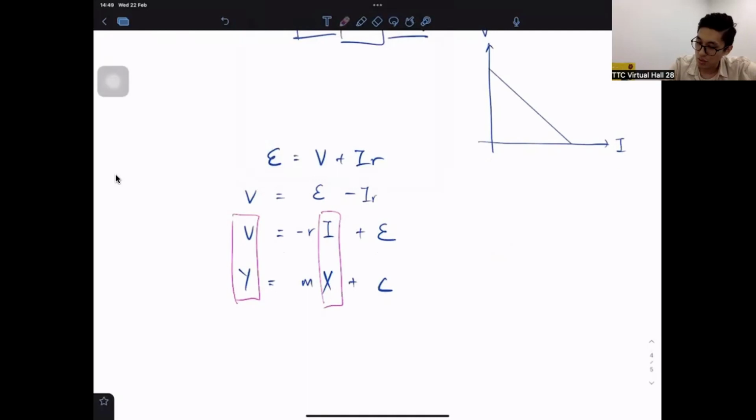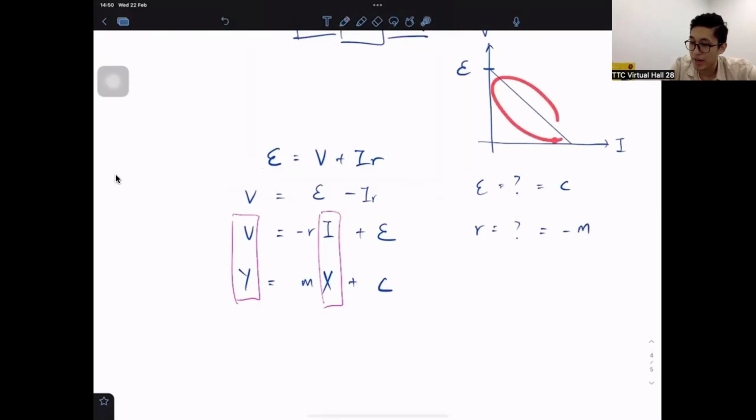So if they ask you what is the EMF, you find what is the y-intercept. Whatever this number is, this is the EMF. If they ask you what is the internal resistance, you just need to find negative M. Find the gradient, y2 minus y1 over x2 minus x1, and then negative it.